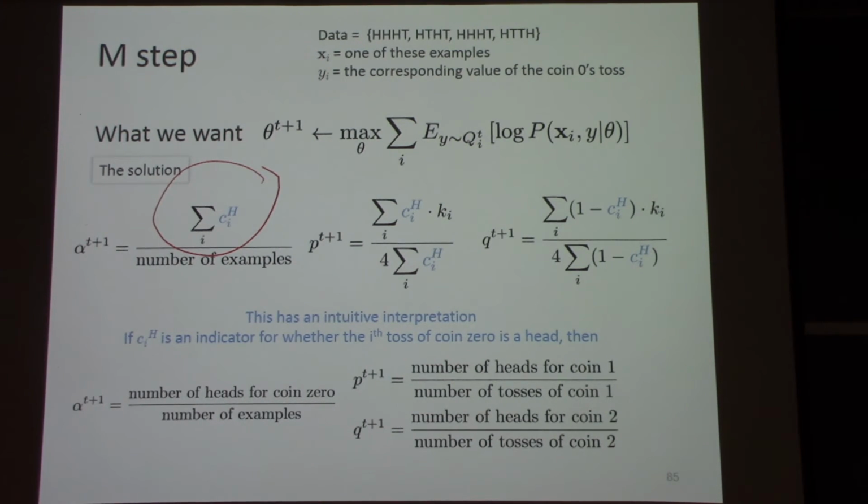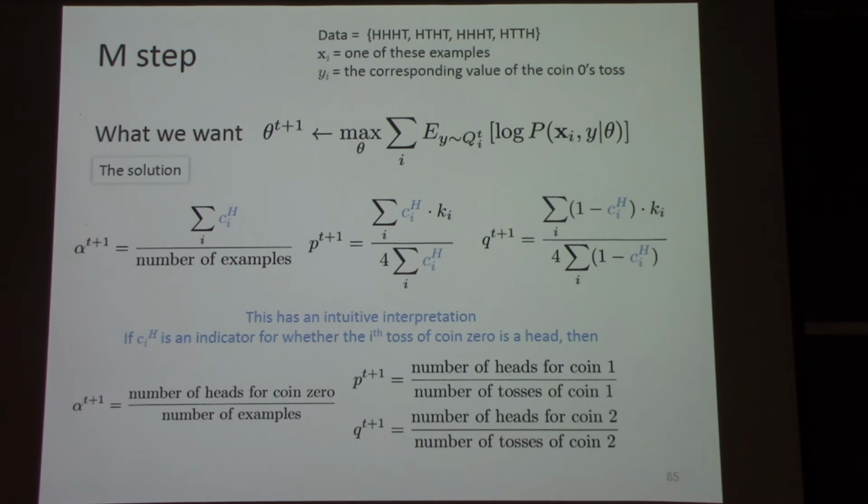If c said 1 whenever it was heads and 0 whenever it was tails, summing over all the c's just gives you the number of heads. It turns out that instead of actual counts, we have soft counts.